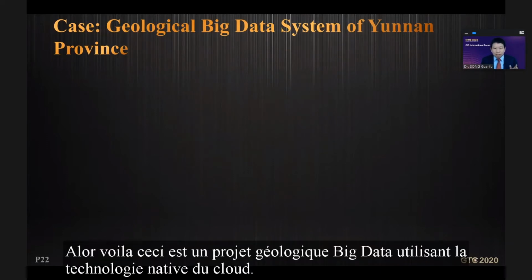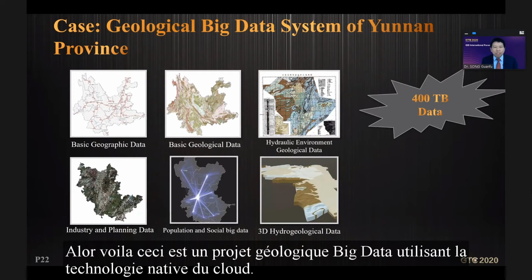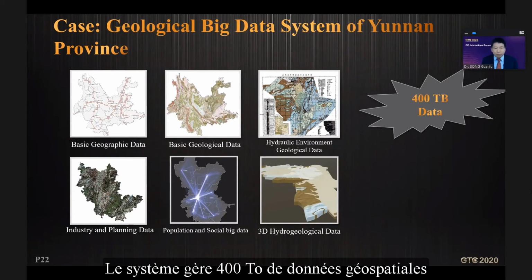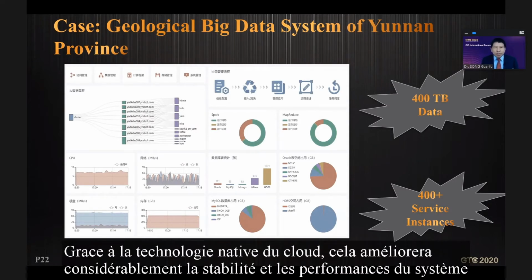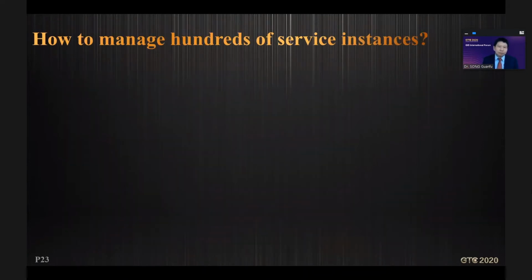This is a geological big data project using cloud native technology. The system manages more than 400 TB of geospatial data with more than 400 service instances running on the server, improving the stability and the performance of the system greatly.